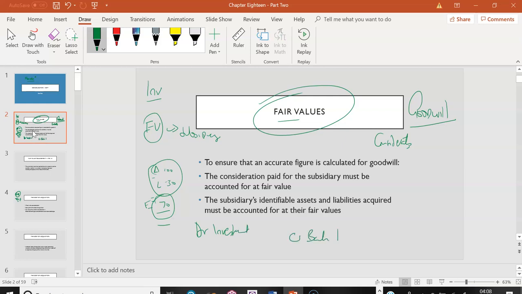But what we're actually saying is, no, we can credit a range of other things. We could credit shares. So we could pay for the part in a different company by issuing our shares. Very, very normal. We could pay for our shares in a subsidiary by offering to pay shares or to pay money in the future.